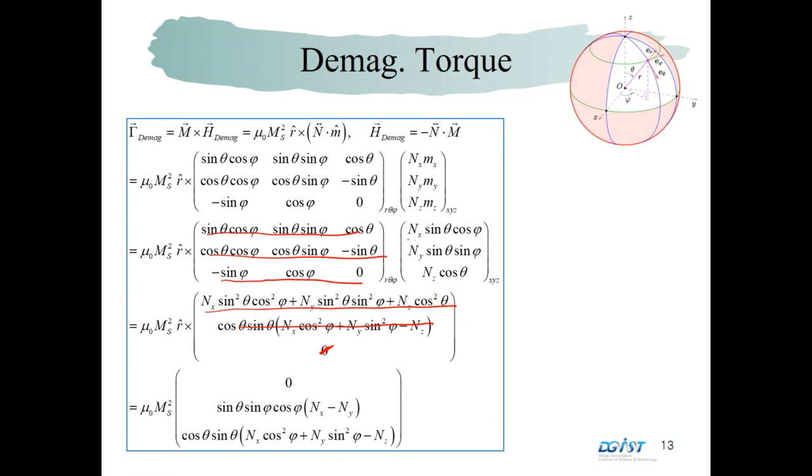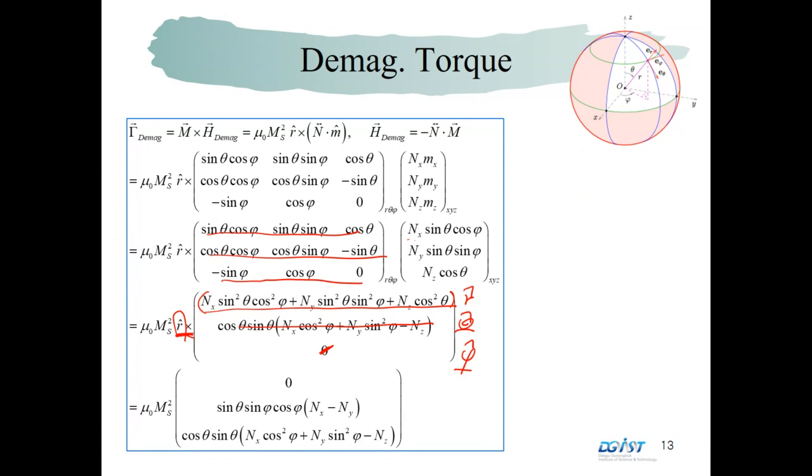Anyway, let's do the cross product of the r vector. This is the r vector, theta vector, and phi vector. Then the cross product of r with r goes to zero, r cross theta gives us phi, and r cross phi gives us minus theta.